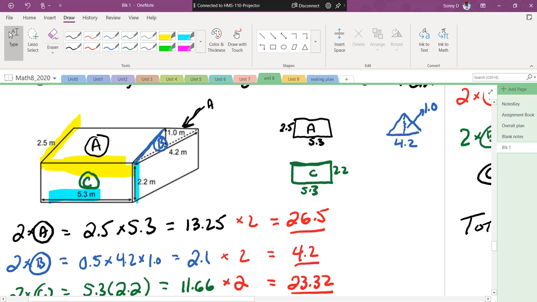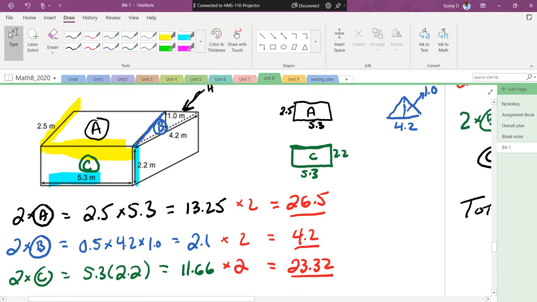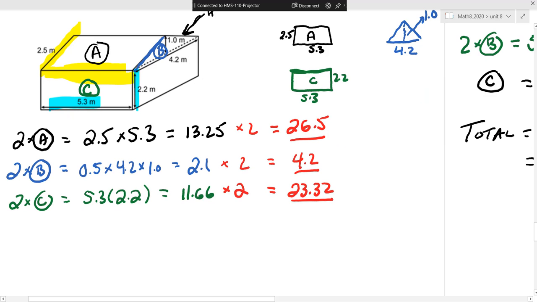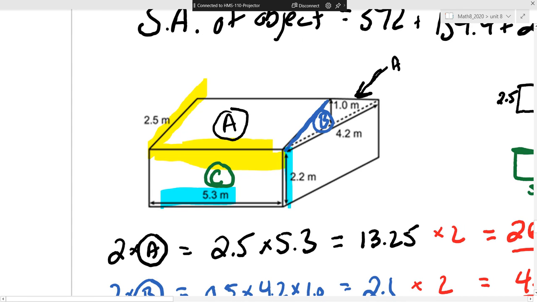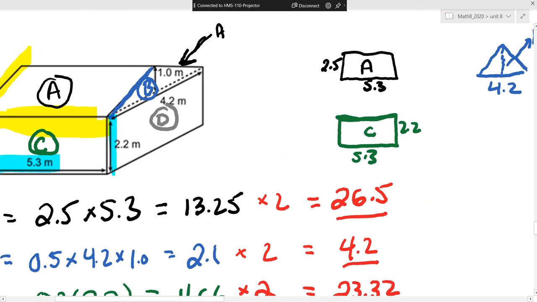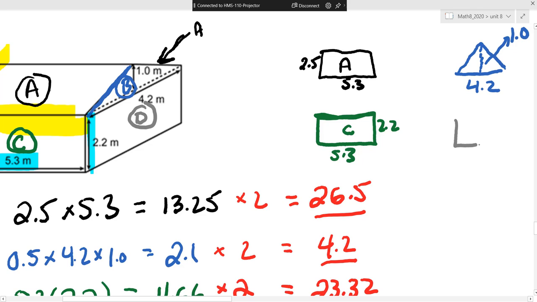I'm going to go for, let's see, maybe I'll switch to gray next. Any other sides that we're missing? The longer one, yeah, the one that's going towards the back. We'll call this side D. Okay, let's draw out side D here. What are the dimensions of side D?